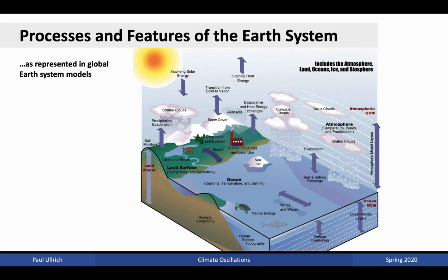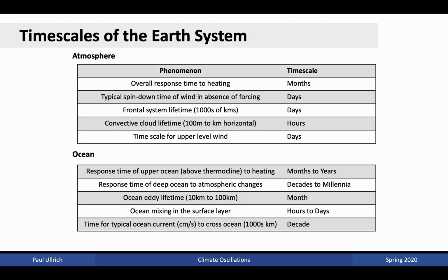Besides thermal adjustment, there are many other processes and features of the Earth system whose timescales we wish to understand. In the atmosphere, the overall response time to heating is typically on the time scale of months. The typical spin-down time of wind in the absence of forcing is days. That is, if we were to shut down, for instance, external heating from the sun, we would find that wind speeds would slowly reduce, and that would take only on the order of days for them to do so.